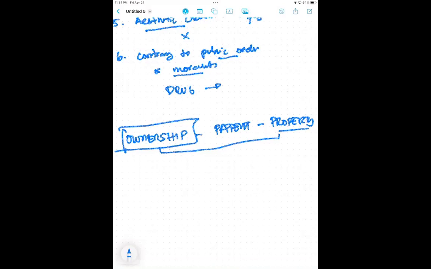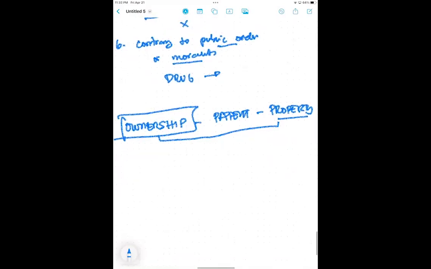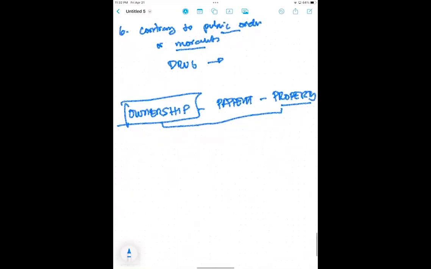Question, who owns the patent or who has the right to a patent? Now, to answer this, you need to be careful with the facts given to you. Okay? The general rule is that the inventor has the right to a patent.